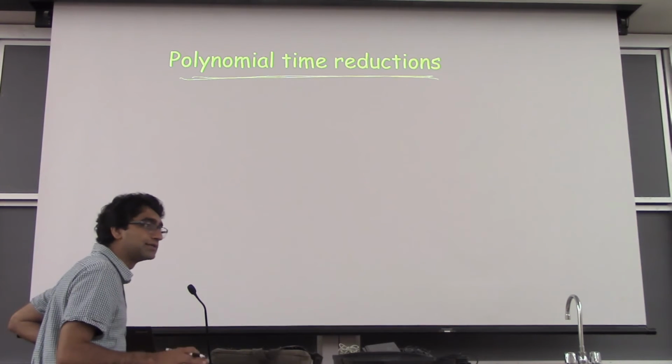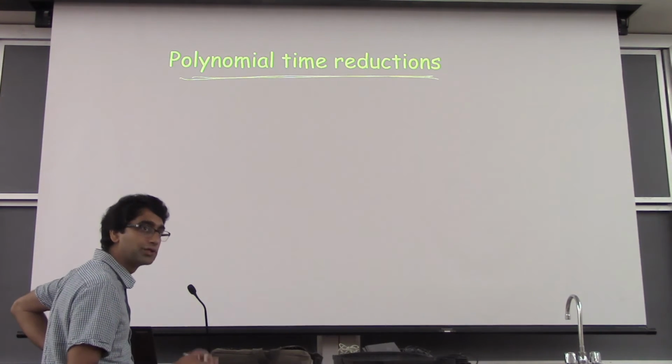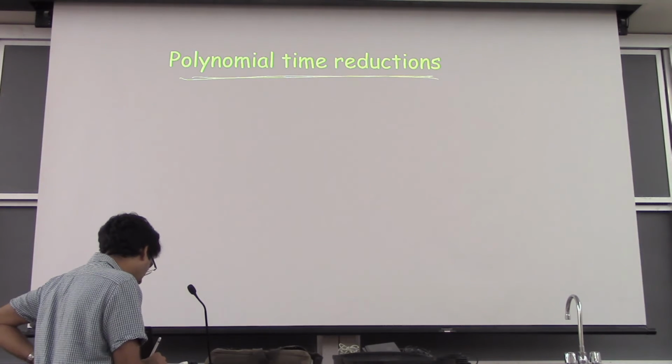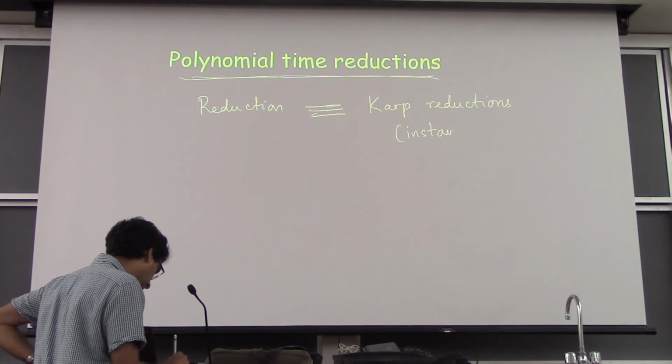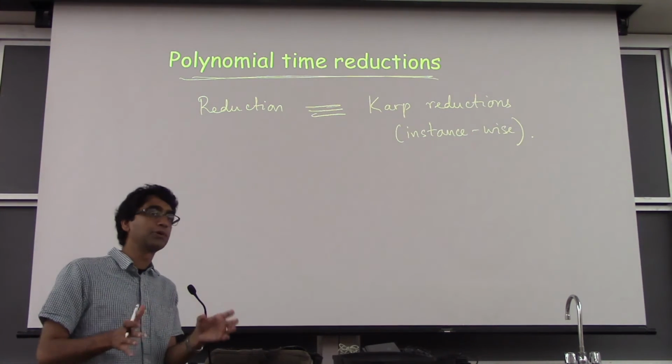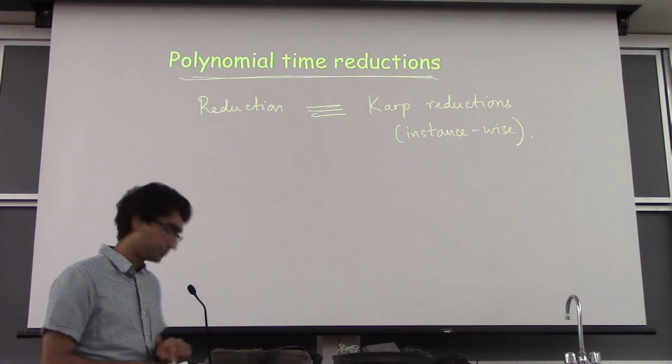If you say reductions without any quantification, people usually mean Karp reductions. And this is instance-wise. But it's good to know that there are these two kinds and there's a subtle difference between them.